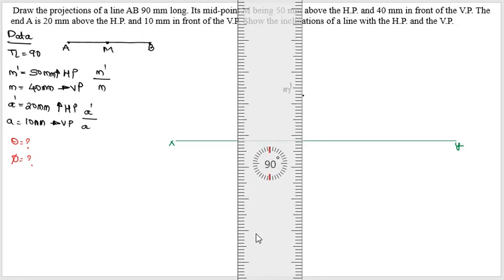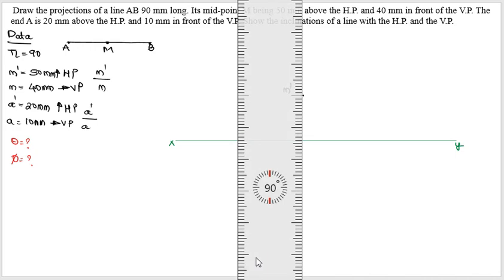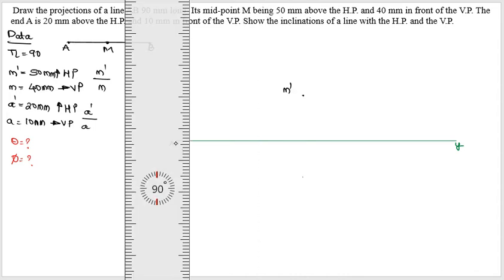I'll take a reference of 40 mm in front of VP, so it will be somewhere here. So we got the position of point M as well as point M dash, that is 50 mm and 40 mm.